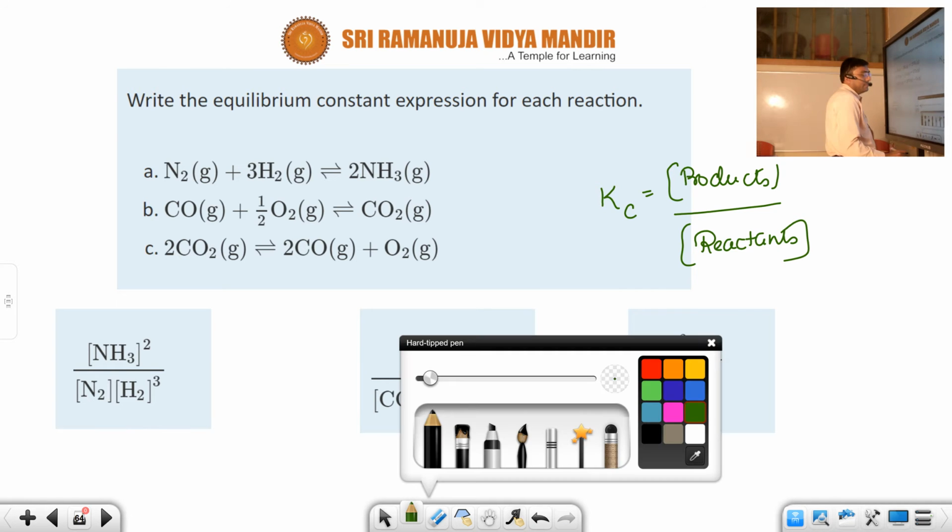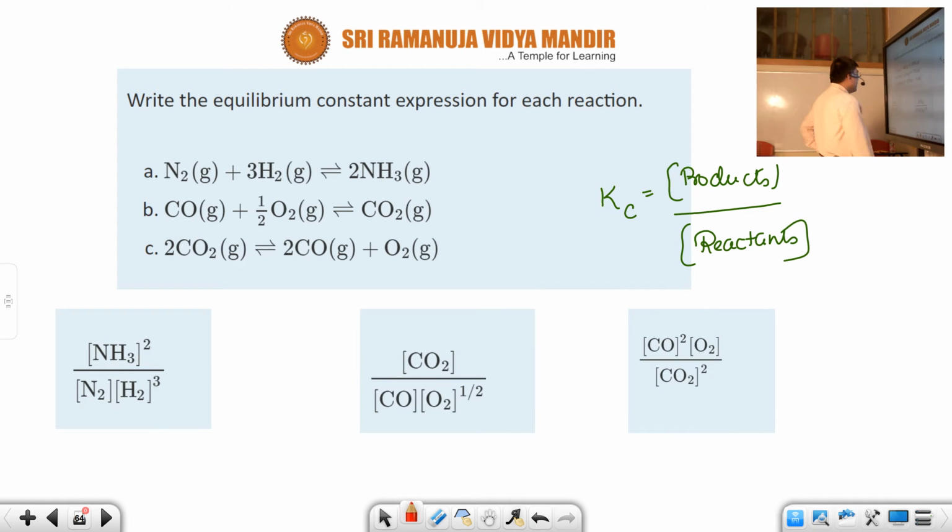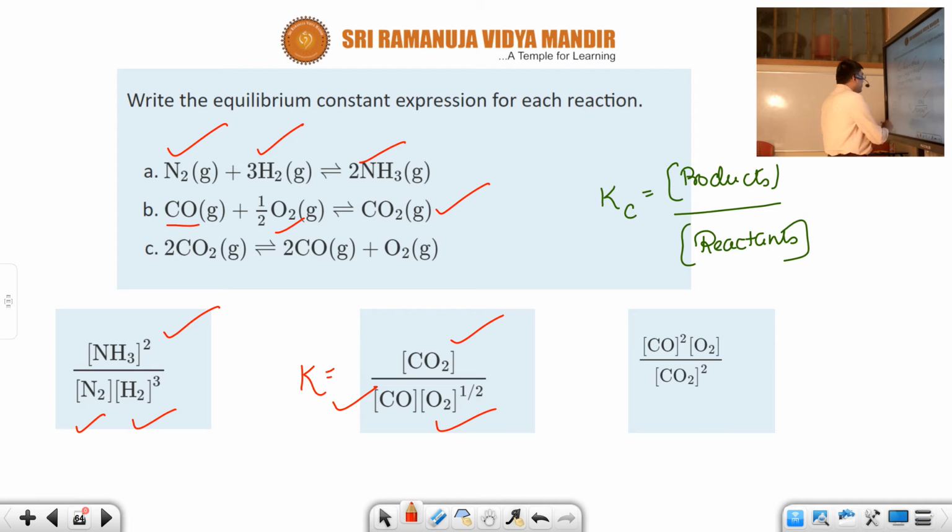Have a look here. The first one: NH3 whole square, products by reactants, N2 into H2 whole cube. Next, the second case: CO2 by CO into O2 power half. This is how you can write the K value.